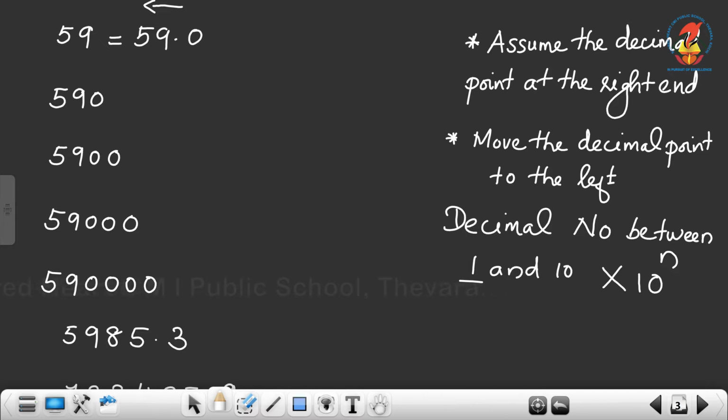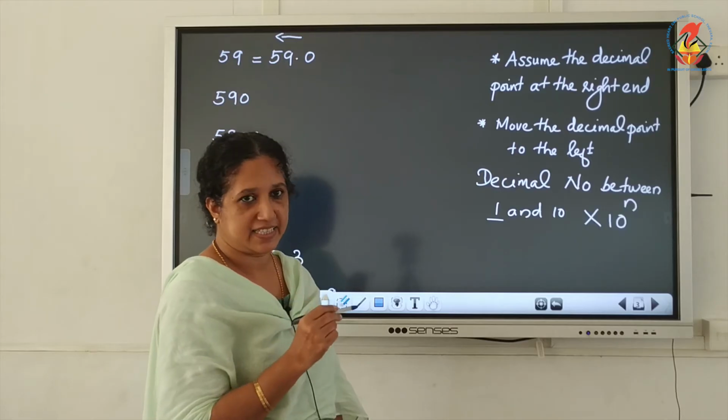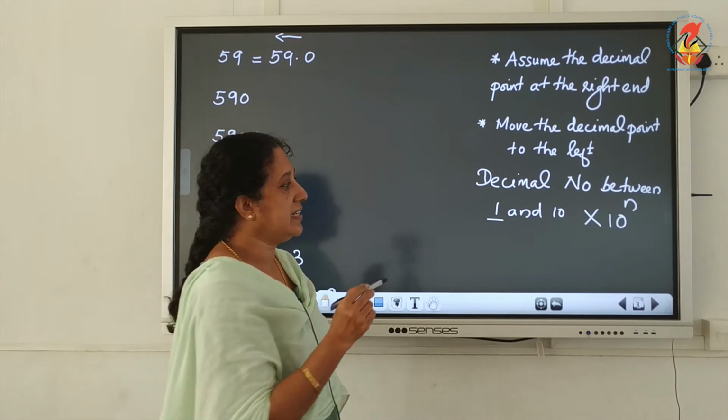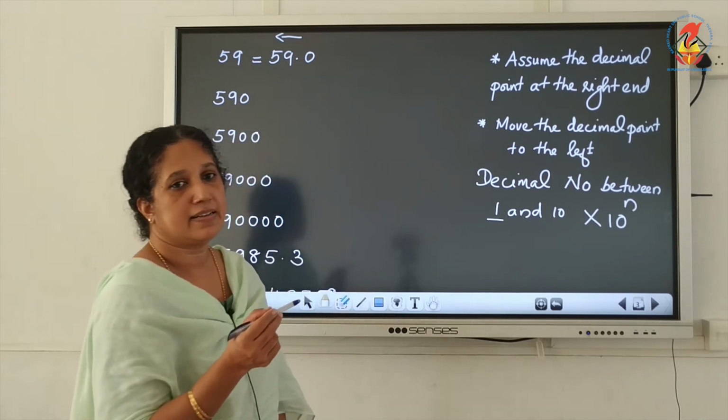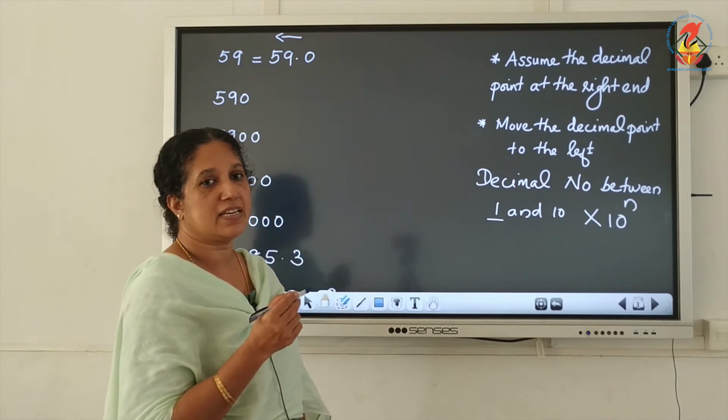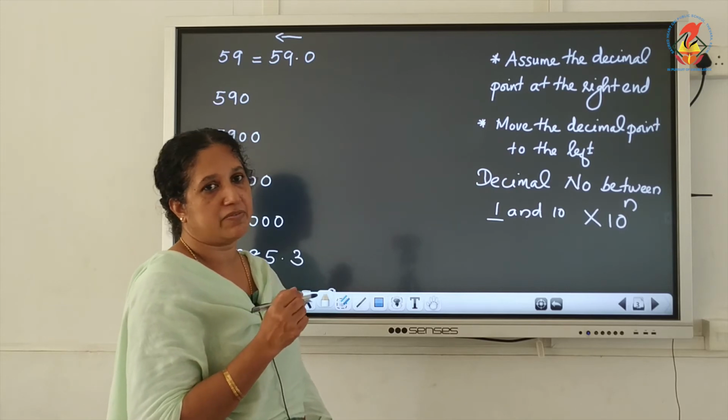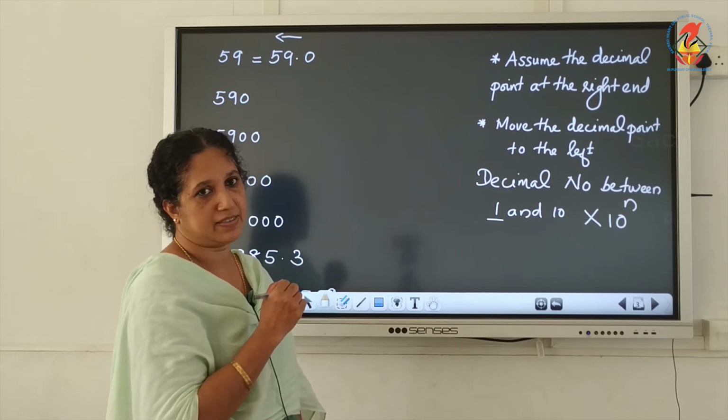That is, the decimal number times 10 raised to n, where n is an integer. The value of n is how many places we moved to the left.